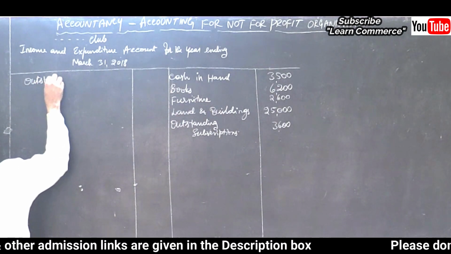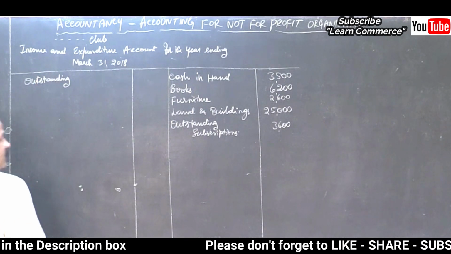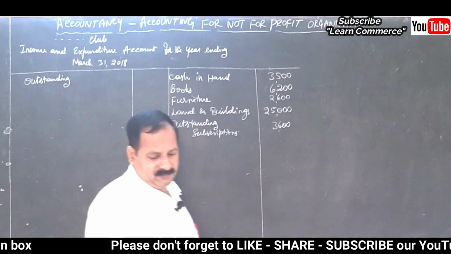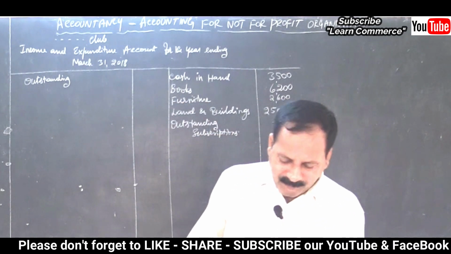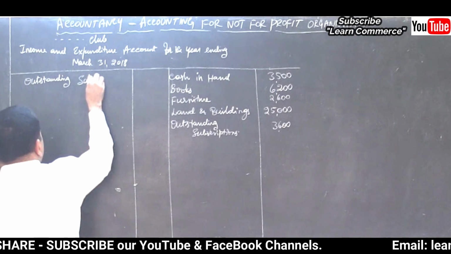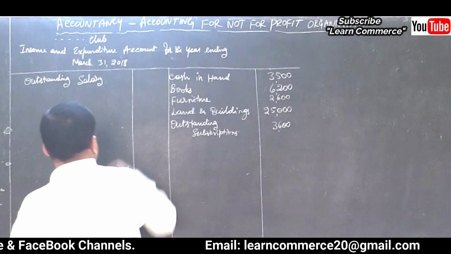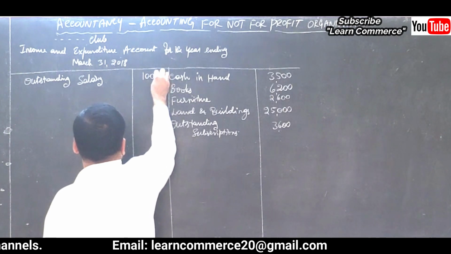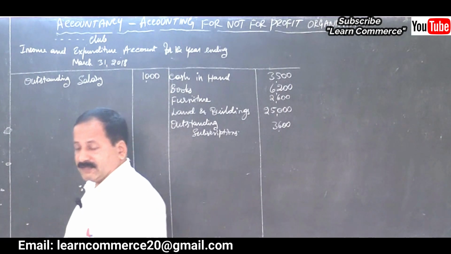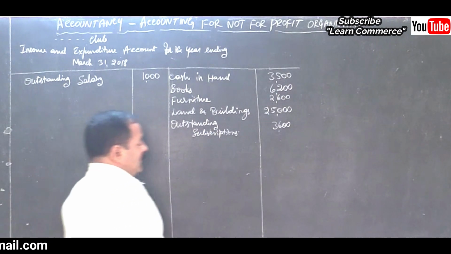Refer adjustment. Outstanding subscription is given where? In the adjustment part, right? Yes. Again, outstanding salary is also given in the adjustment part. Outstanding salary 1,000. Then that's all. No other assets and liabilities.